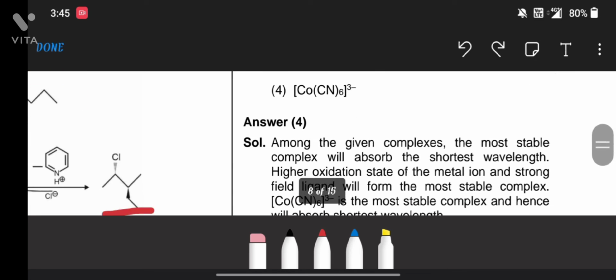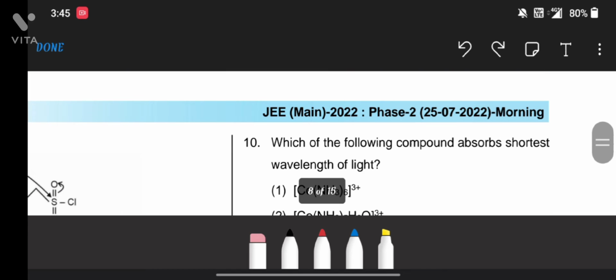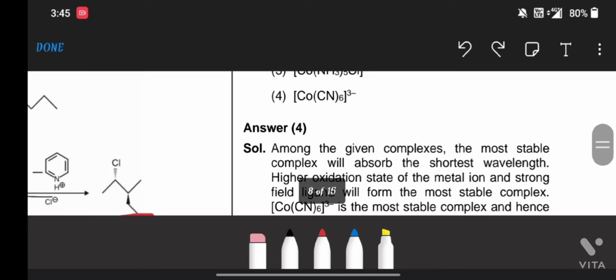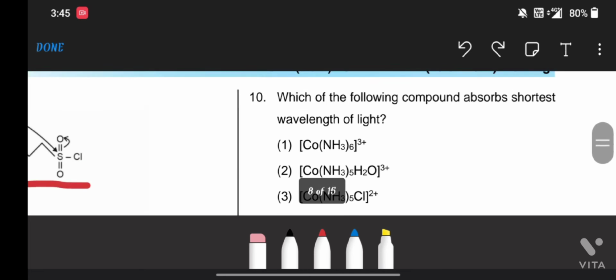So among the 4 compounds, the most stable complex, which absorbs the shortest wavelength, has a higher oxidation state of the metal ion and strong field ligands like CN. [Co(CN)6]3- is the most stable complex, and hence it will absorb the shortest wavelength.